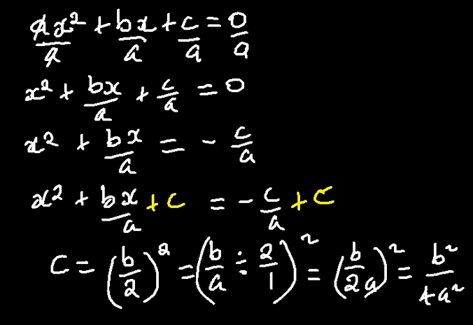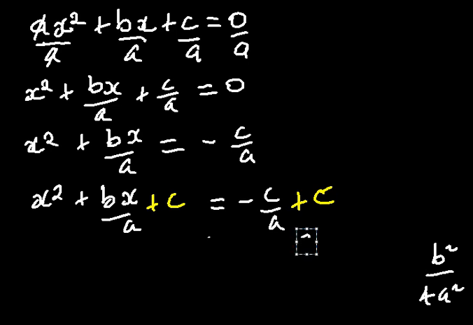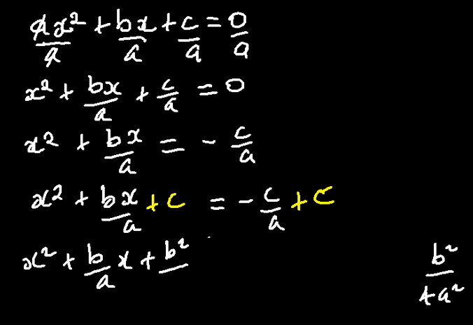Now we have the value of c. Now how should you proceed next? What we have to do is substitute where there is c with that value. Therefore, we have x squared plus b over a times x plus b squared over 4a squared.